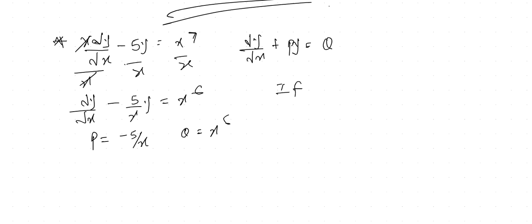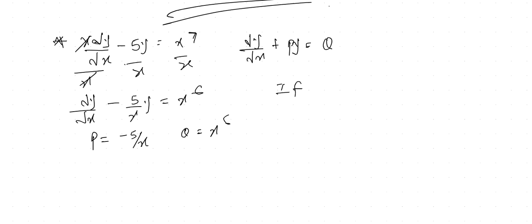So this will remove this, and this will remove this. So we have y multiplied by sine x equals the integral of dx. When you integrate dx, it is x, then plus c. So what do you do?